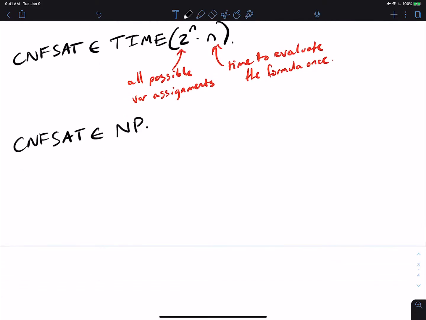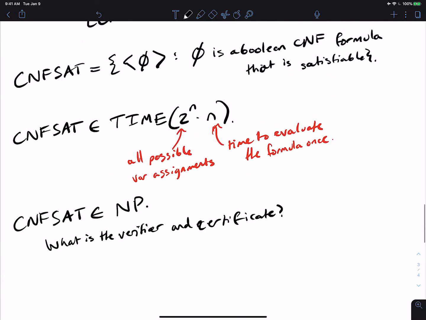Whenever we're given a question about whether something is in NP or not, the thing we should always ask is: what is the verifier and certificate? What is the proof that we're given a formula phi of whether or not it's satisfiable?